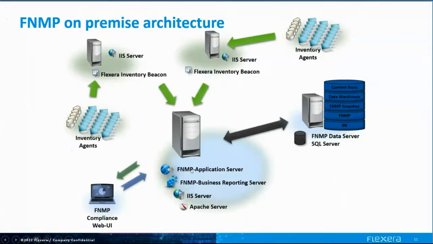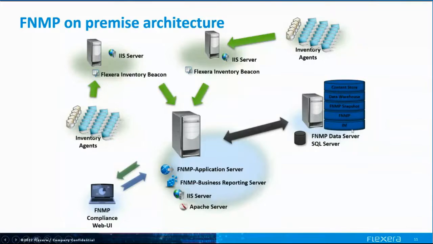Depending on how you have deployed ITAM on-premise or FlexNet on-premise, you have a batch server, an inventory server, and an application server, which will manage the web connection. So these 1, 2, or 3 servers, which have the stacks for getting and processing the files and giving a UI to the users, will interact with the database, which contains a number of databases actually.